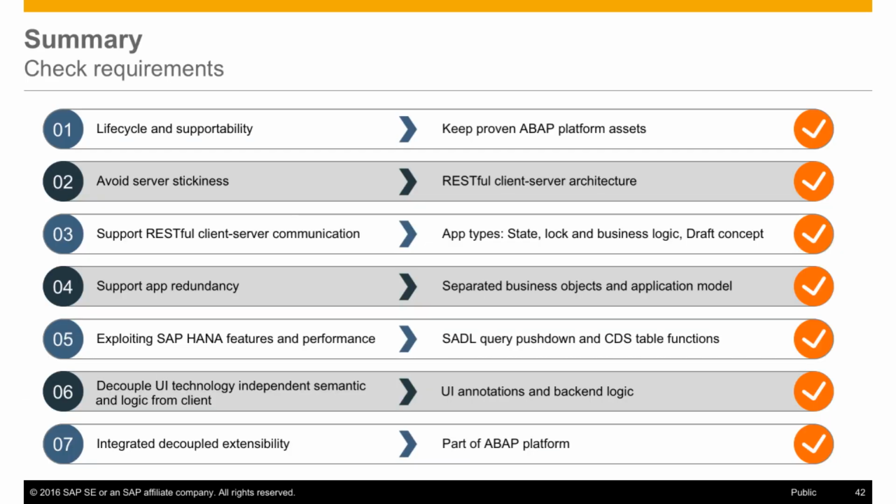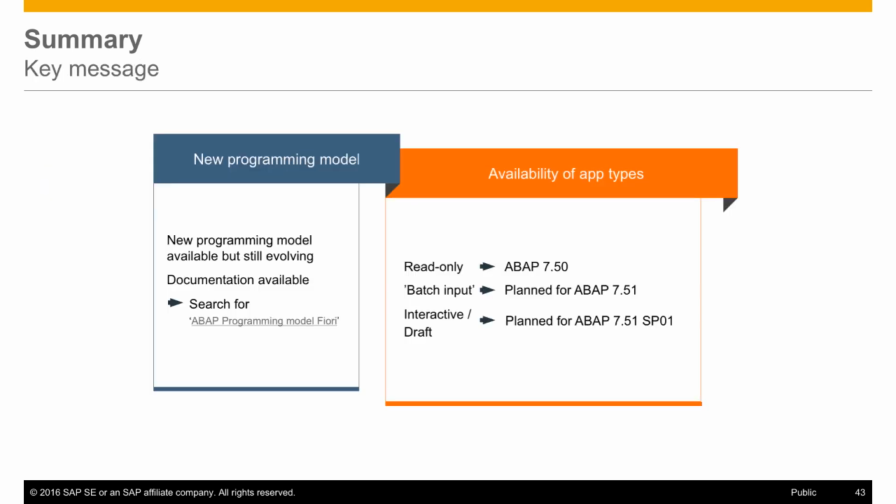The key message is that we now have solved all the requirements that we introduced via the new product qualities, and the availability of these features we just saw is that the batch input application is available with 751, and the draft scenario shall be available with 751 SP1.